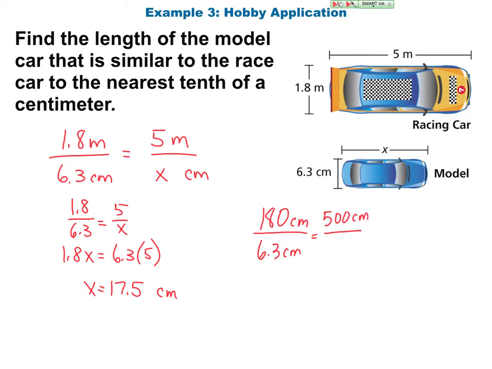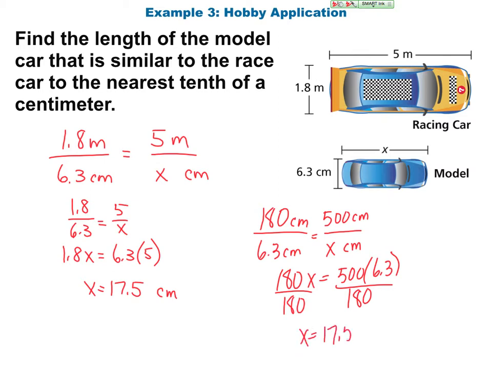Okay, so all I'm doing is trying to see if it made any difference. So if you take 180 x equals 500 times 6.3, you multiply that and divide by 180, you still get 17.5.